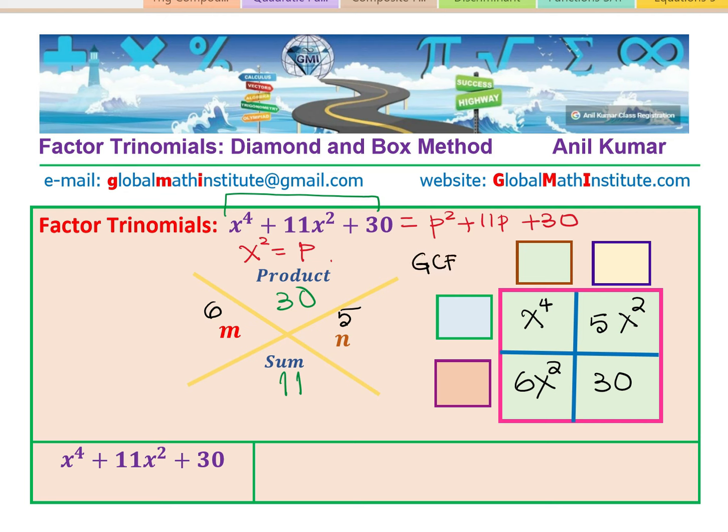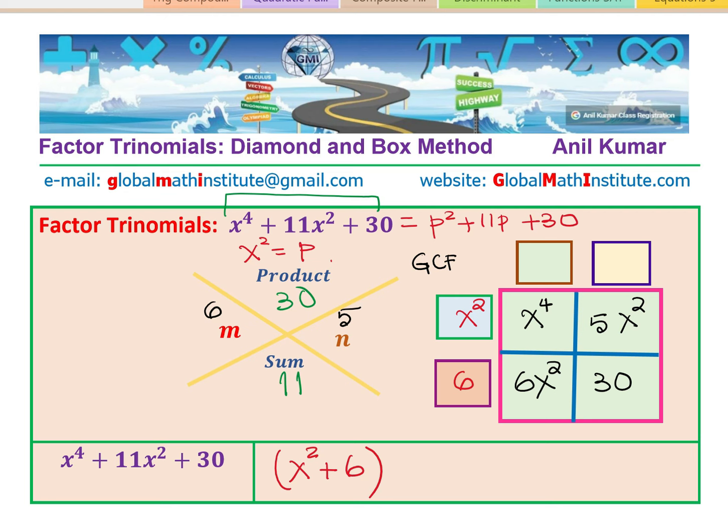Greatest common factor. Next process. x to the power of 4 and 5x squared gives us x squared as a common factor. 6x squared and 30 gives us 6, right? 6 times 5. So we get our first factor, which is x squared plus 6. Make sense? The next one here, go for the columns.